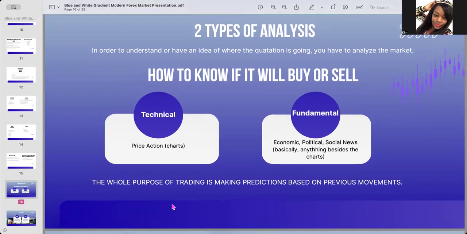So the whole purpose of trading is you're looking at the charts or checking the fundamentals to make predictions based off of previous movements.